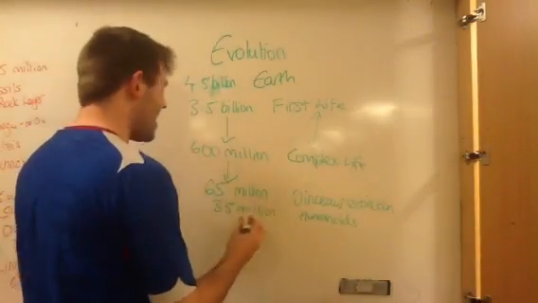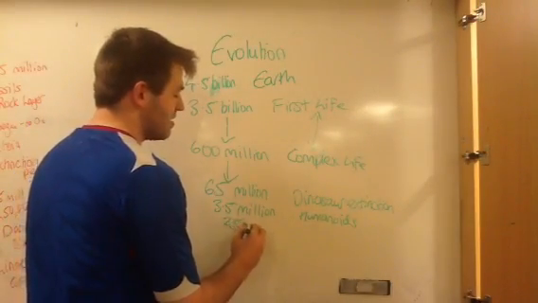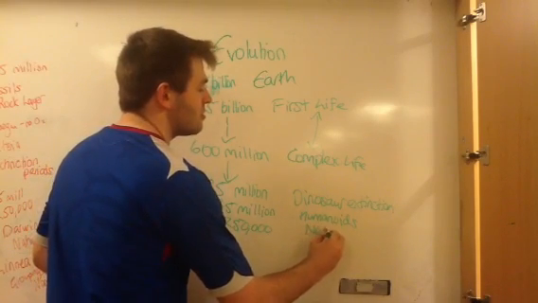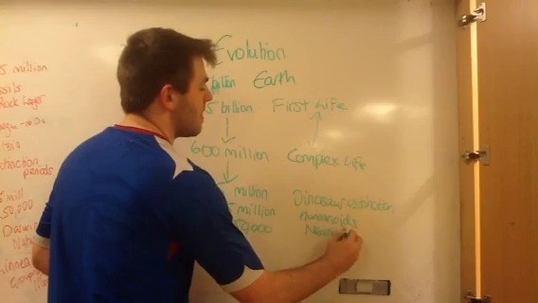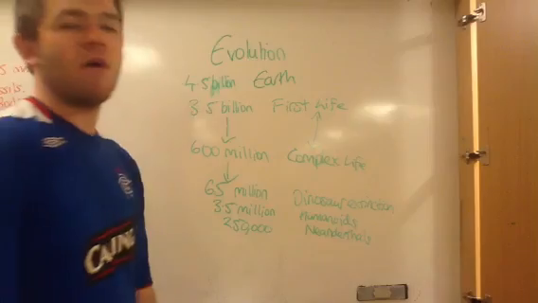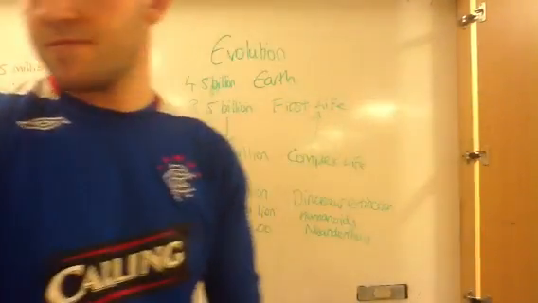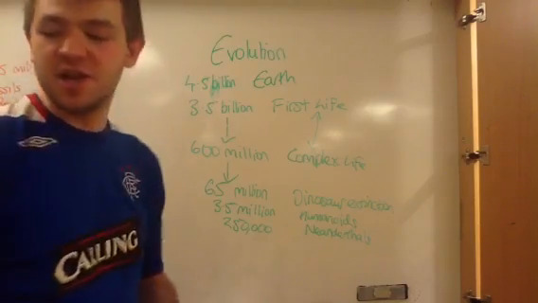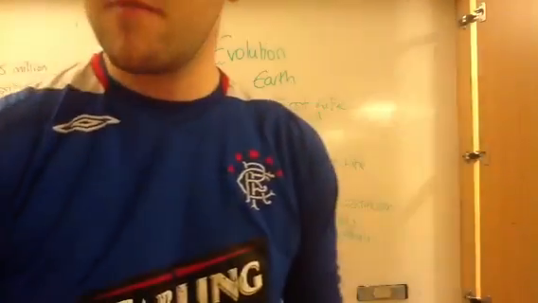But to actually get anything approaching a modern human, those that were called Neanderthals, they were on planet Earth about 250,000 years ago.